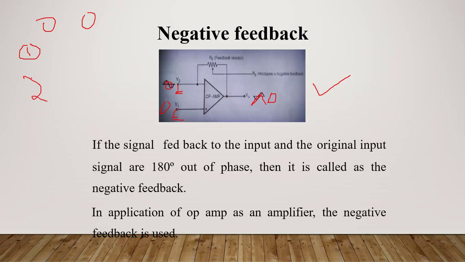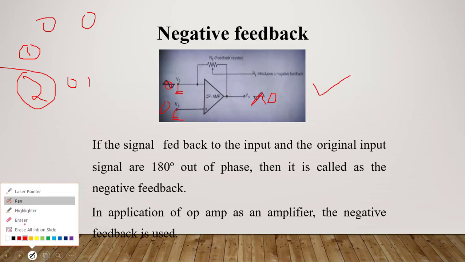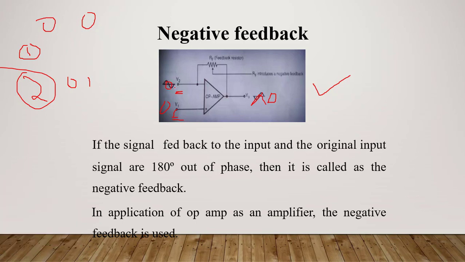Second case we are giving 0 1. What does 0 1 mean? It means the positive is 0 and the negative we are giving some values. So this is negative, right? We are giving some V in and this is grounded.